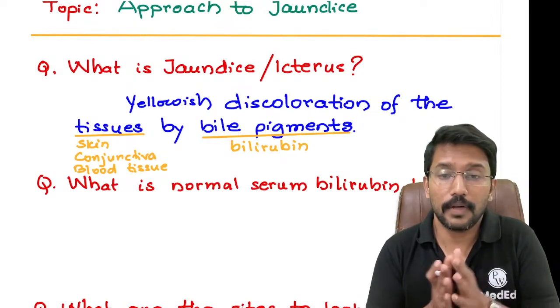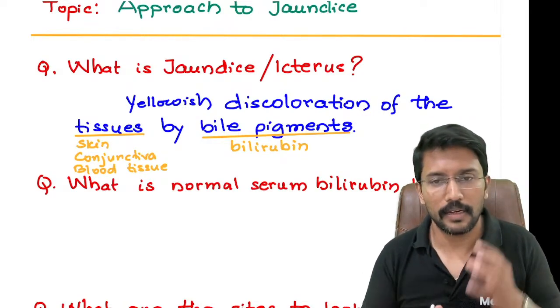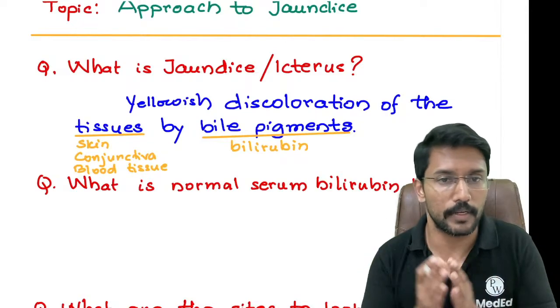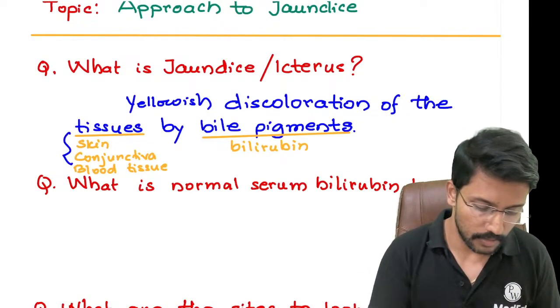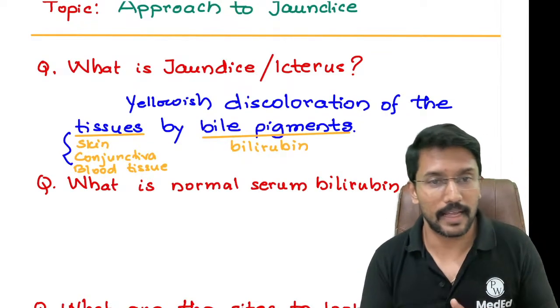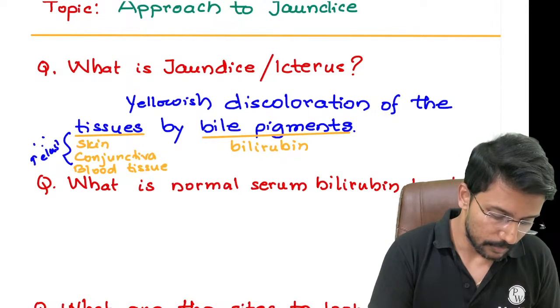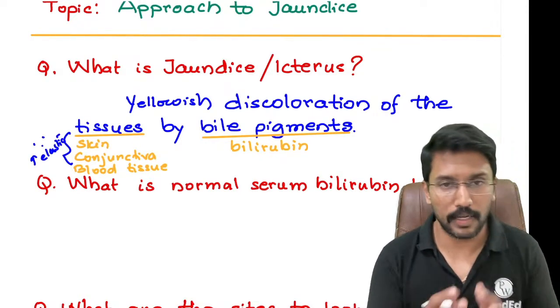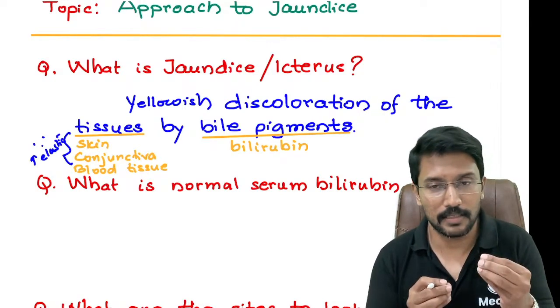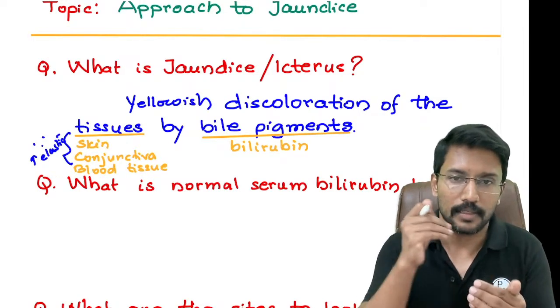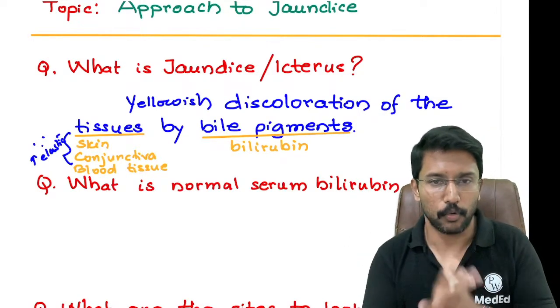Because these tissues have high elastin content, and elastin has a high affinity for bilirubin. So wherever elastin is more in number, that is where the bilirubin gets deposited.